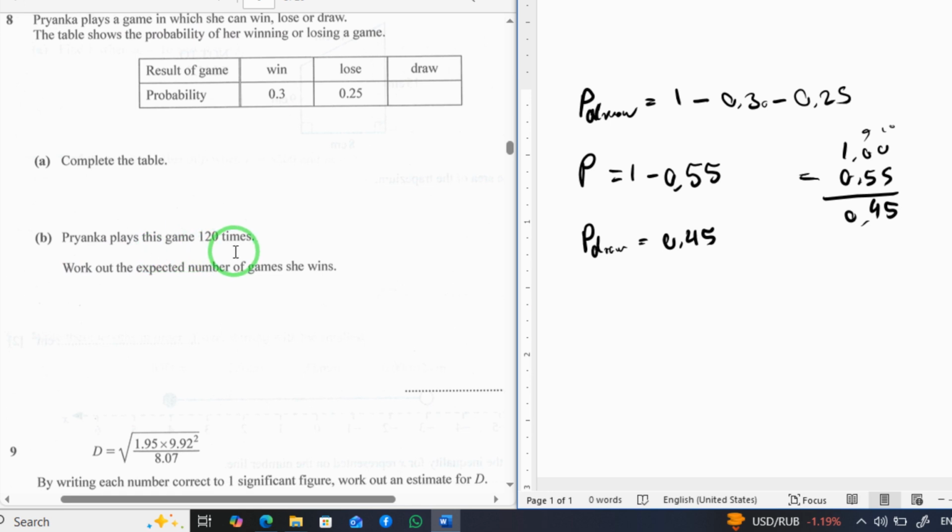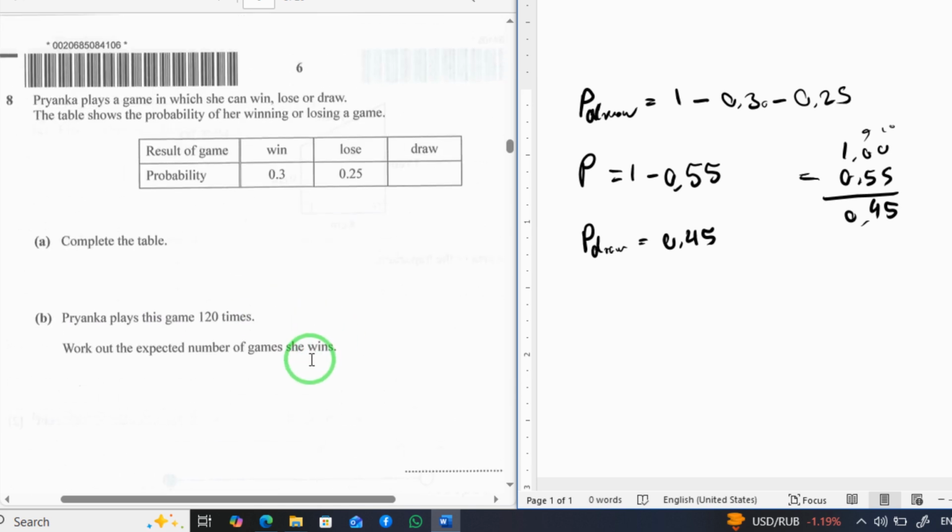Priyanka played this game 120 times. Work out the expected number of games she wins. It means when Priyanka plays a game 120 times, how many times will she win this game.